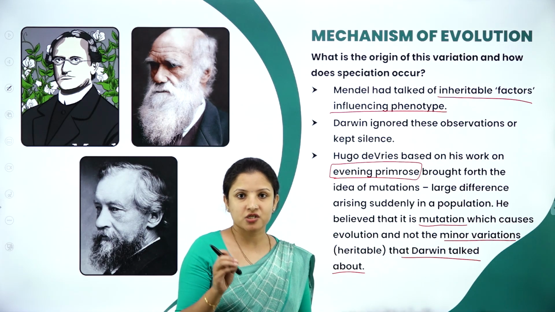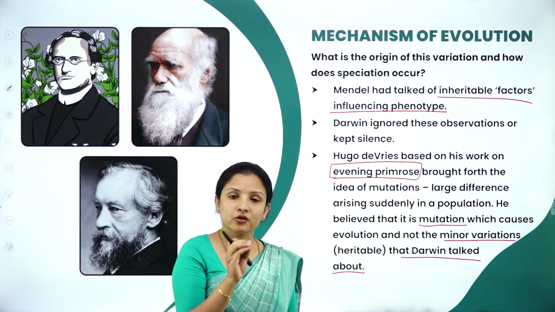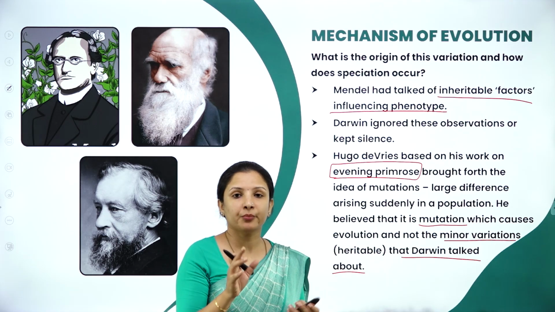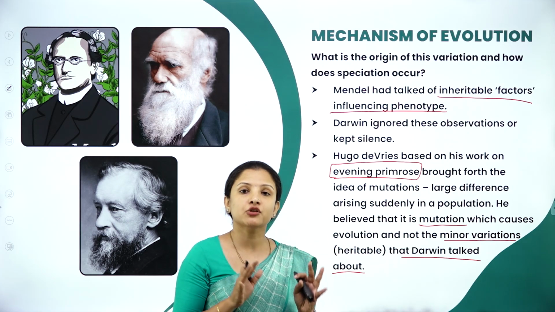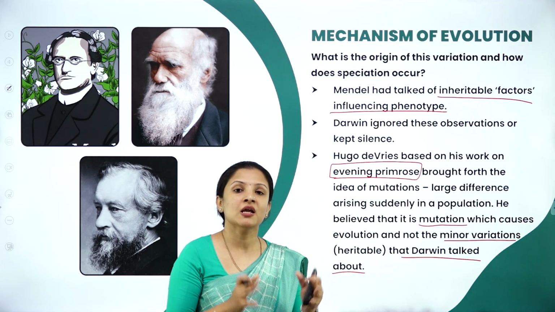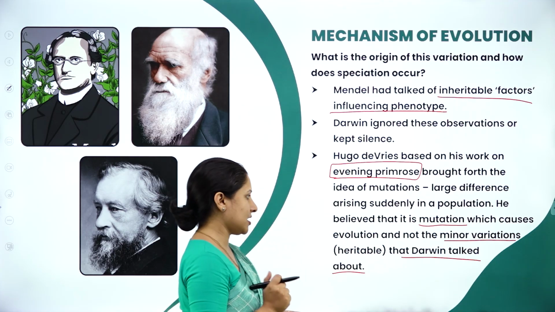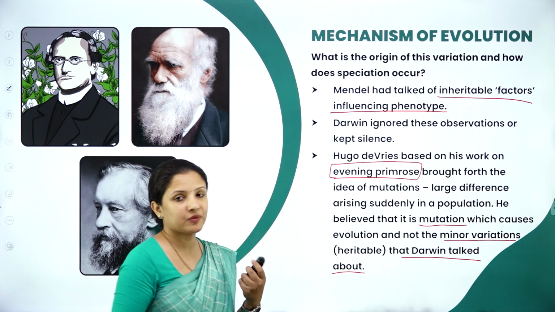And when he studied this mutation or variation in the genes, he got to know that sudden mutation or change in the gene in a particular population can lead to evolution and can also lead to variation among different organisms in that particular population, leading to the creation of new species, which we term speciation. So this is about the origin of variation and how speciation occurs.